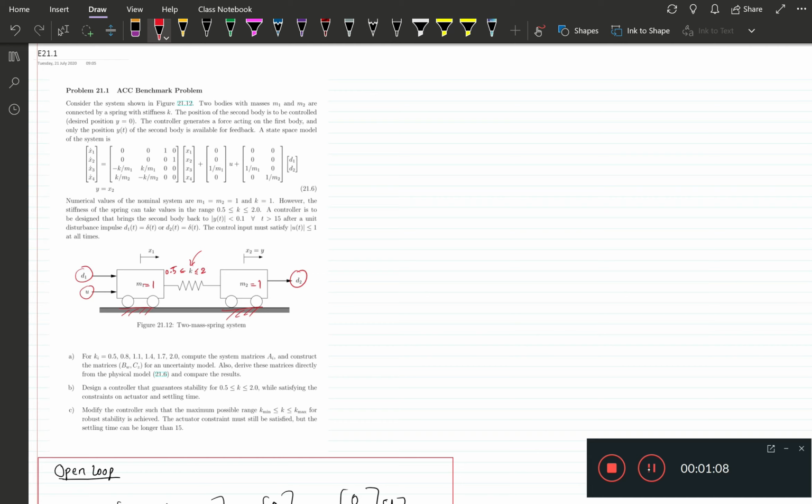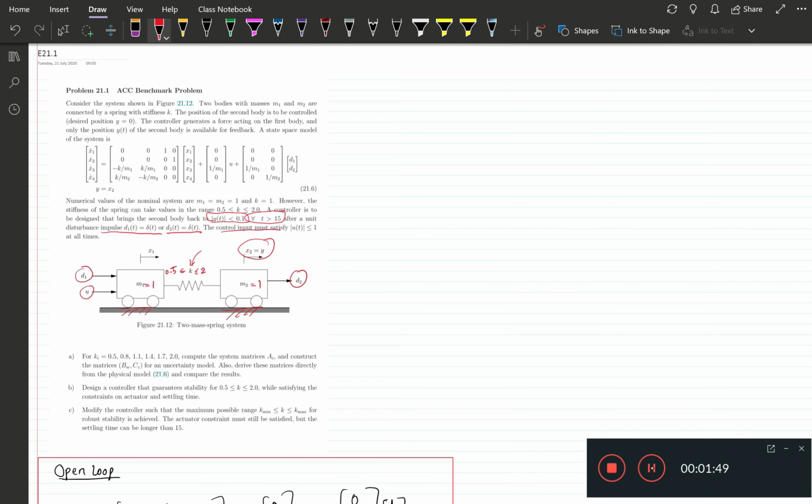The control tasks are to bring the output, which is only the position of the second mass, to 0 in the presence of disturbances d1 and d2. Some more specific control goals are to look at the impulse response at d1 and at d2, and to make sure that the settling time, so that |y(t)| is less than 0.1, is less than or equal to 15 units.